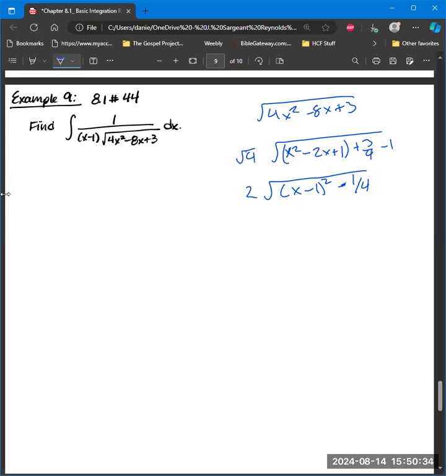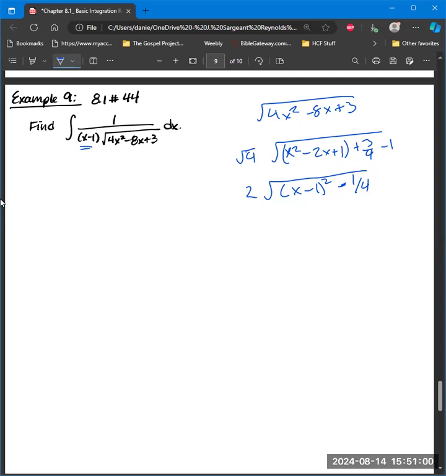So I'm going to go ahead and look at the fact that this is a u squared minus a squared. Ooh, look at that. That's awesome. That's already my a. So I'm going to take the 1/2 out front.